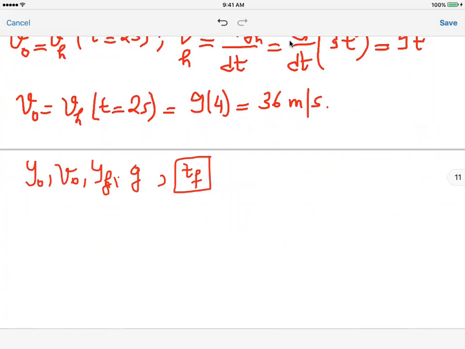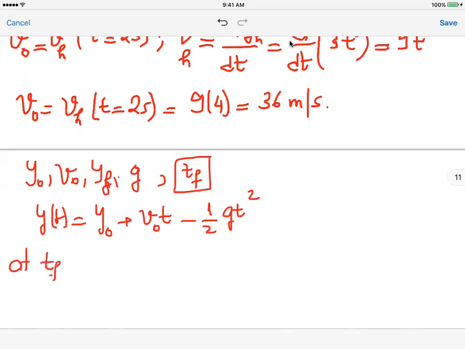The relation that relates the position to the time, for an object under a constant acceleration, which is gravity, so in free fall, is y of t equals y0 plus v0t minus half gt squared. If we evaluate this equation at time t final, we end up with y final equal to y0 plus v0 tf minus half g tf squared.